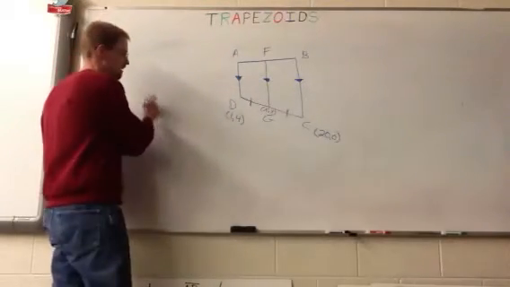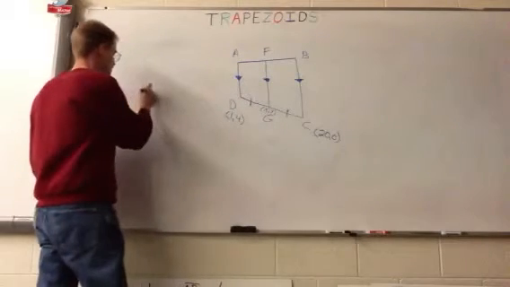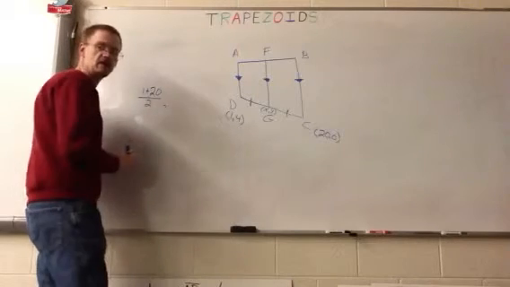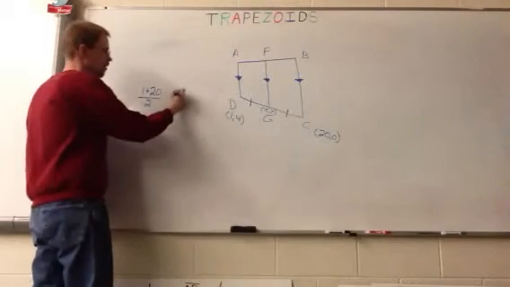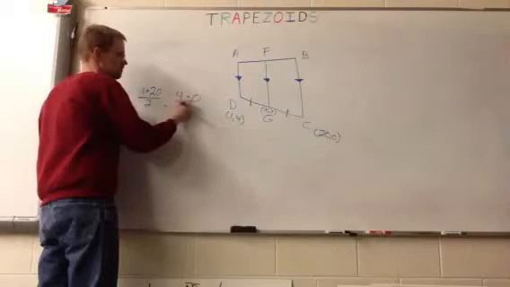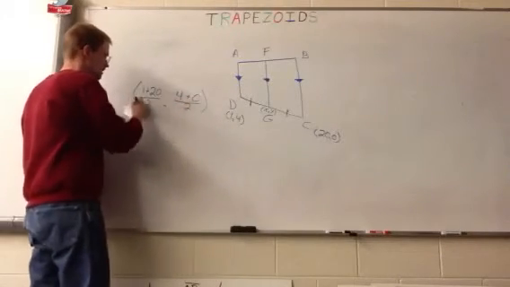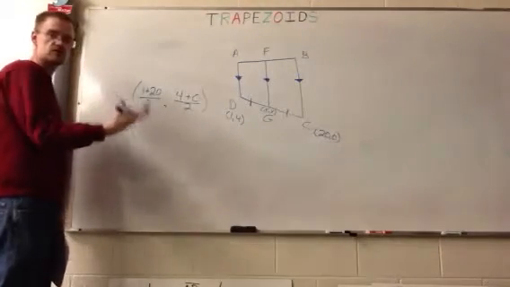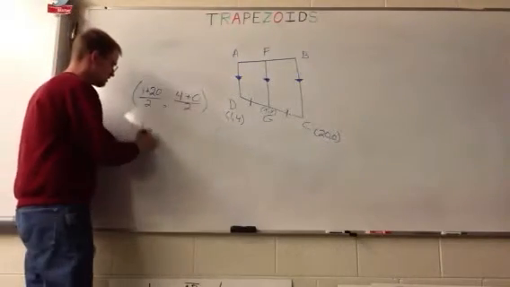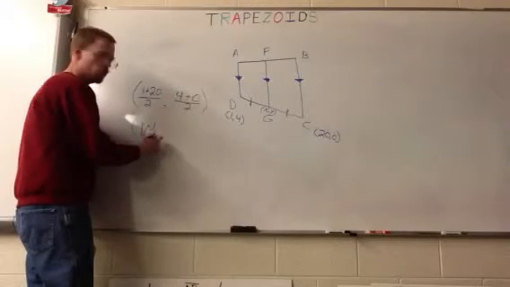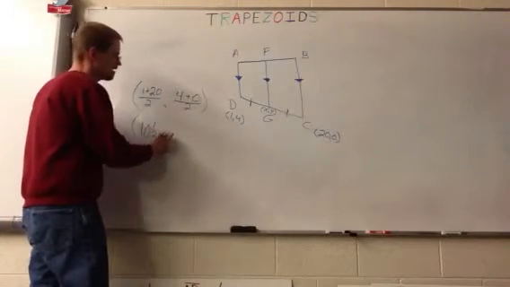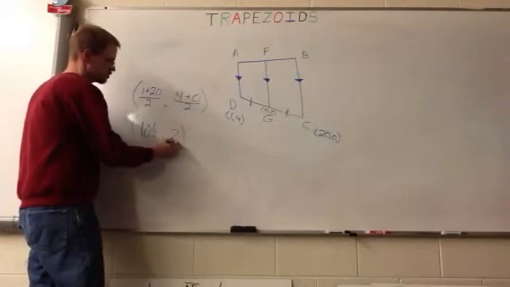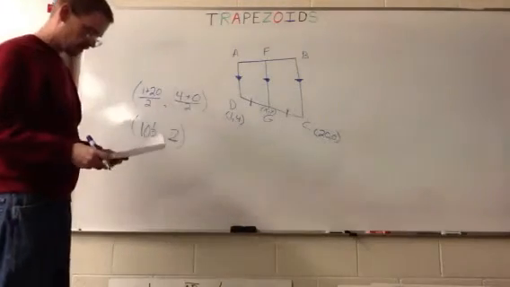So we add up our x's: 1 plus 20 divided by 2 will be our x value. 4 plus 0 divided by 2 will be our y value. That leaves us with 1 plus 20, which is 21, divided by 2 is 10 1/2, or 10.5. 4 divided by 2 is 2. Those are the coordinates for G.